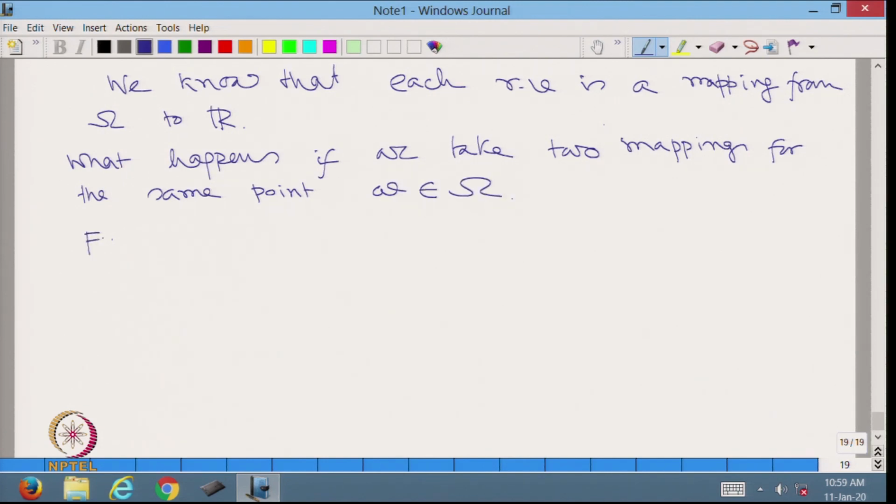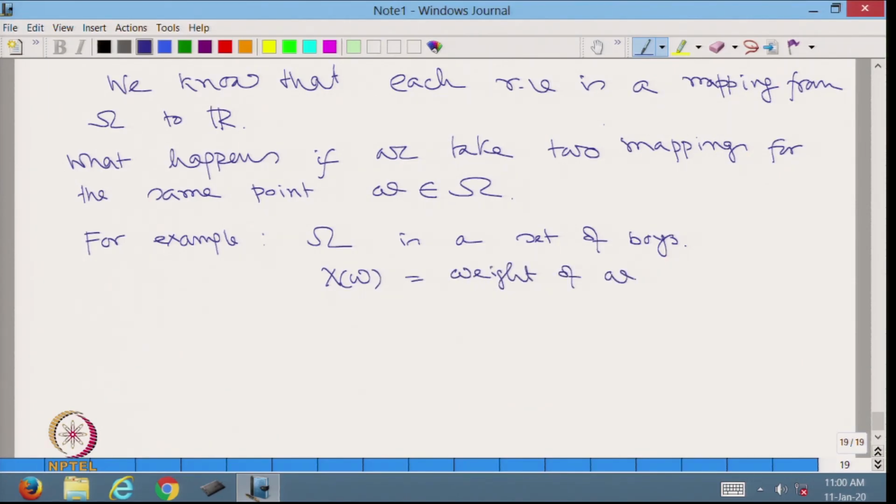For example, omega is a set of boys and X omega is equal to weight of omega and Y omega is equal to say height of omega.